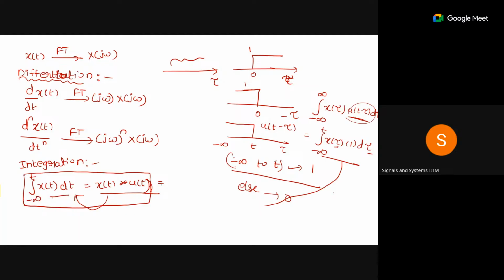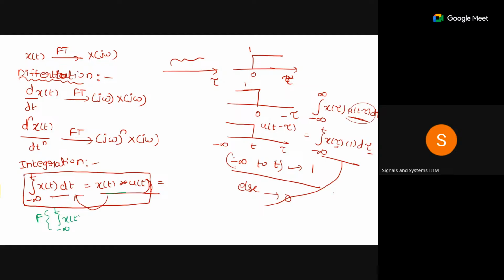So now we'll be doing the Fourier transform. This is in the convolution state. Now what we want to do is find the Fourier transform of the integration.